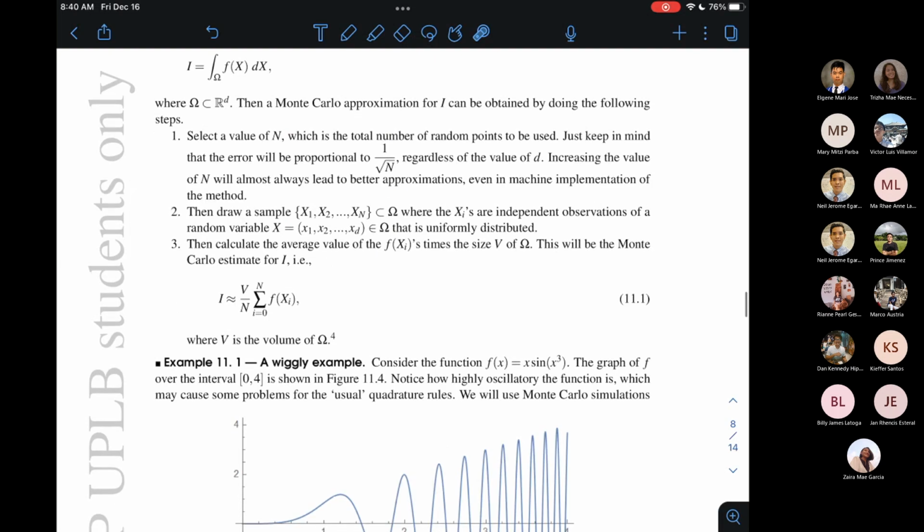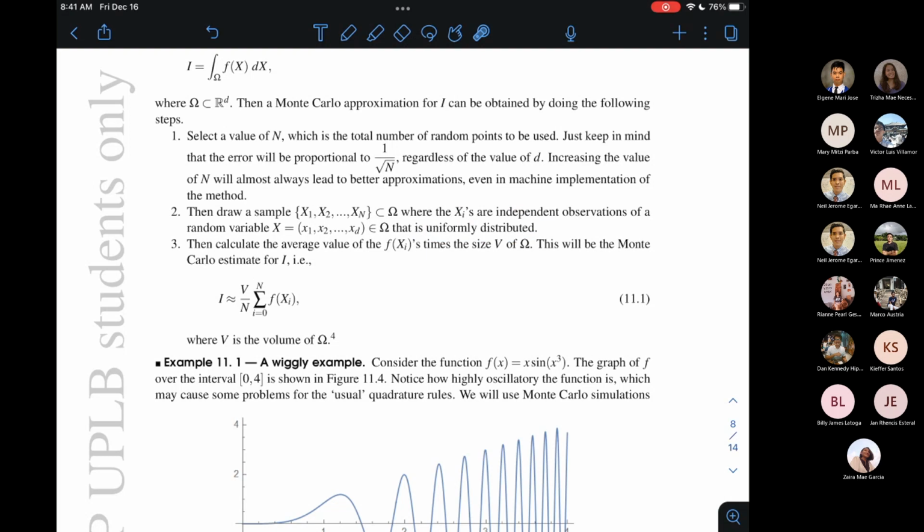Then the second step is to draw capital N samples from omega. So meron kang integration region omega. So ang gagawin natin ay pipili na tayo ng capital N points from omega, and they will be our test points, right? So usually we choose those points according to a uniform distribution.